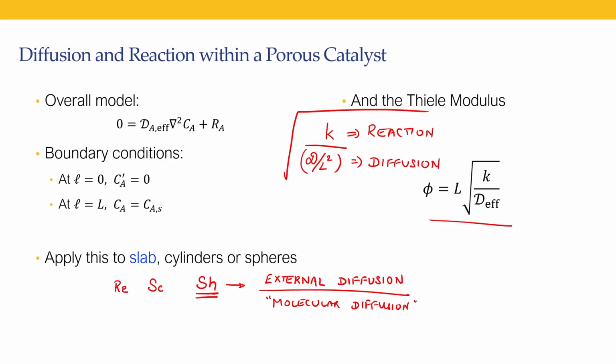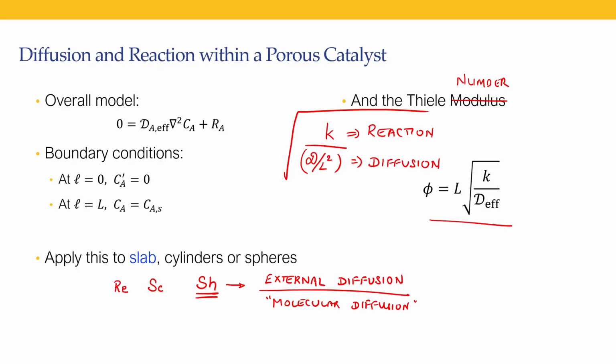Personally, I think it's unfortunate that the word modulus was used more than 120 years back. A better term to use would have been Thiele number, because what is phi? Phi is nothing but the ratio of the reaction term to the diffusion term.